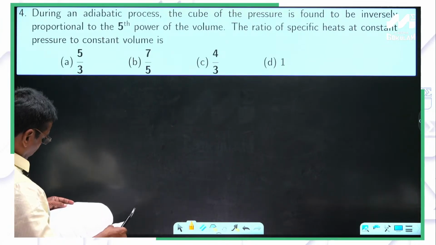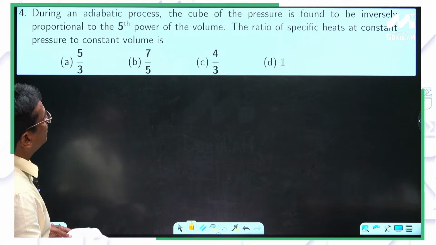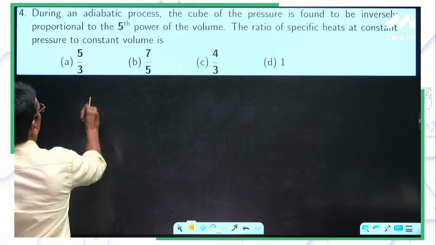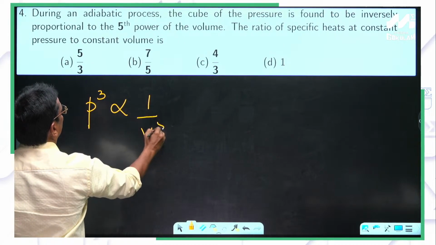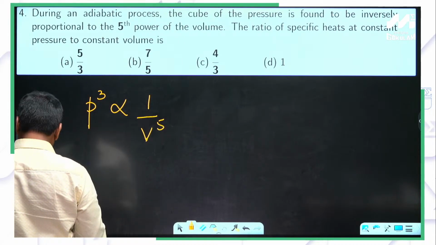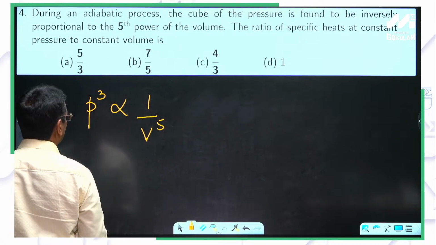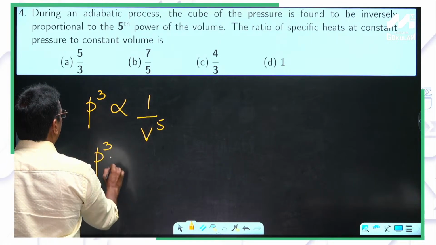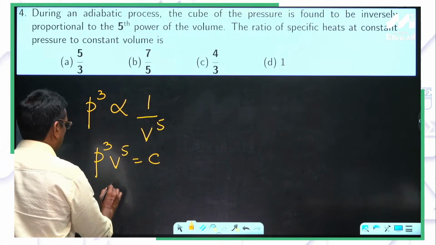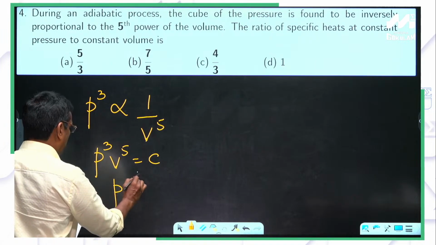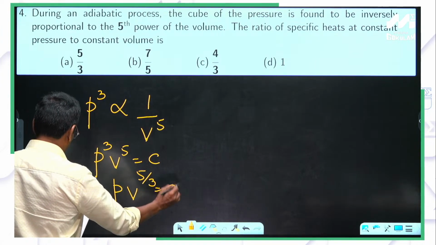During an adiabatic process, the cube of the pressure, P cubed, is inversely proportional to V to the power of 5. So P cubed into V to the power of 5 is equal to constant. P into V to the power of 5 by 3 is equal to constant.